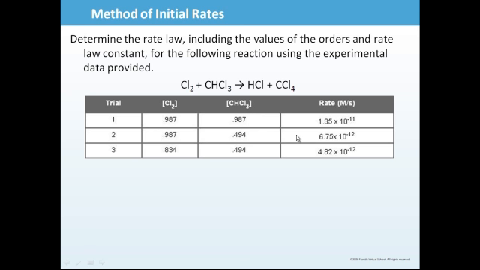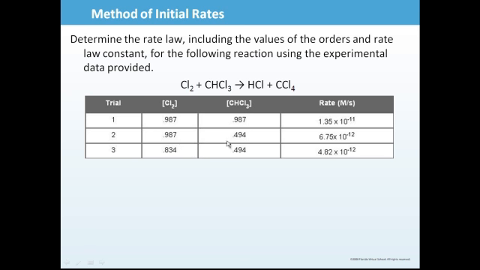It's kind of like doing the scientific method. We hold one reactant constant, change the second reactant, and then see what happens to the rate. So, using your scientific method terms, this would be our control variable between trials 1 and 2. This is our independent variable, and the rate was the dependent variable. Now in trial 3, it's the CHCl3 that's held constant, and we are changing the concentration of the Cl2.